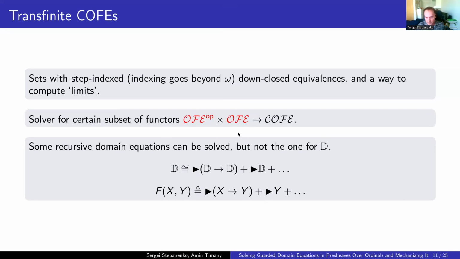Transfinite Iris can be used to implement iProp in the context of high ordinals, but not this type, for example. And the gap that we were trying to close in this work is to solve domain equations of this form over high ordinals, with the hope that in future we will use it for applicative bisimulation for types like this.